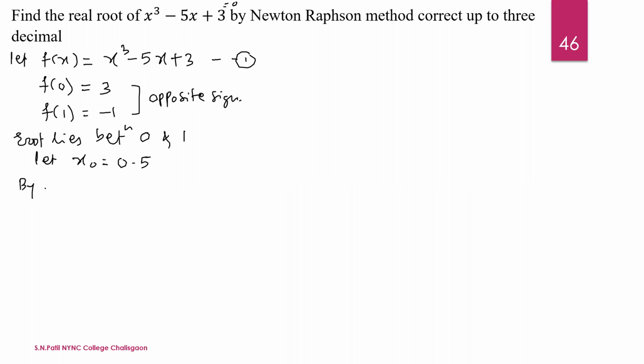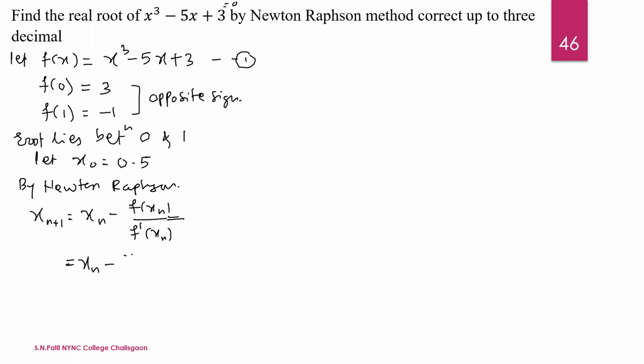By Newton-Raphson, x suffix n plus 1 is equal to x suffix n minus f divided by derivative f dash. Okay. Now x suffix n minus f, which is x cube minus 5x plus 3, divided by its derivative, that is 3x square minus 5, all with suffix n.